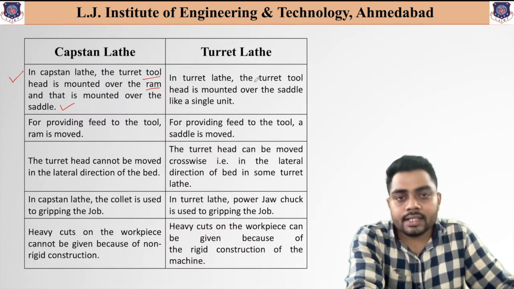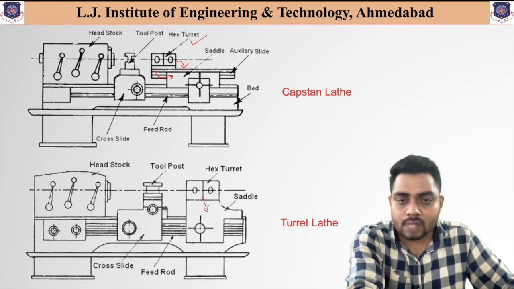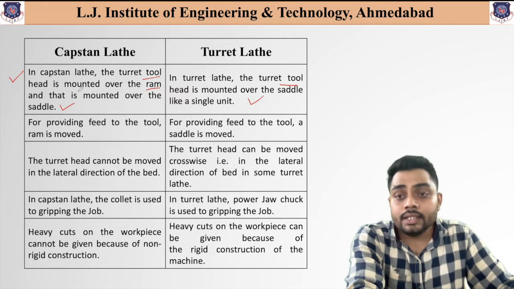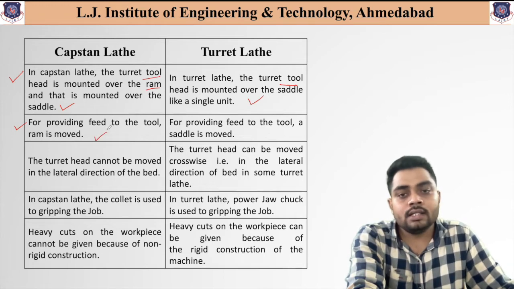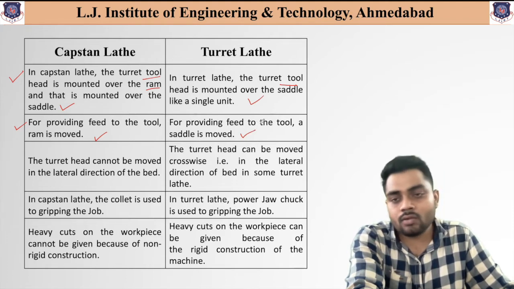Similarly, in the case of turret lathe, this turret head is mounted over the saddle like a single unit. Now for providing the movement of the tool in the capstan lathe, the ram movement is required, whereas in the turret lathe, the saddle movement is required, right? That we have also seen.